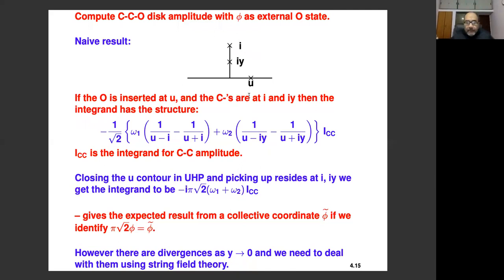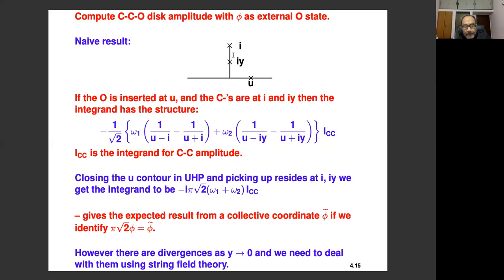So there is a naive way of doing this integral, which is to first keep y fixed and use operator product expansion to figure out what the u dependence of the amplitude is. And that is determined easily. So this is I root 2 del x. So I root 2, and then there's a minus half in the x x OPE, if you remember, or del x OPE. So that gives you minus 1 over root 2.